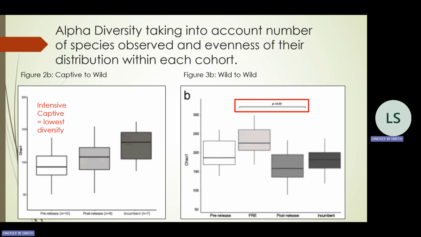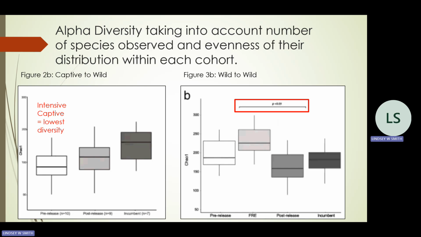Looking specifically at the alpha diversity, or the diversity within each cohort, the researchers used Chao1 to determine statistical significance. Much like the earlier study, this method assessed richness and evenness by accounting for the sample size. As expected, the wild incumbents showed the highest level of diversity, while the intensive captive demonstrated the lowest.